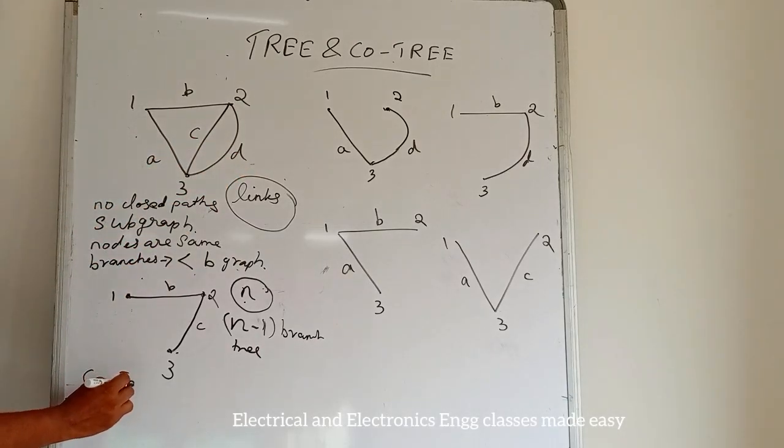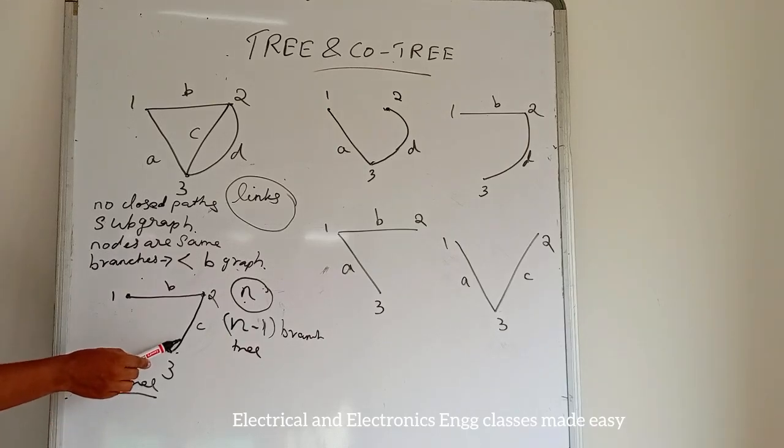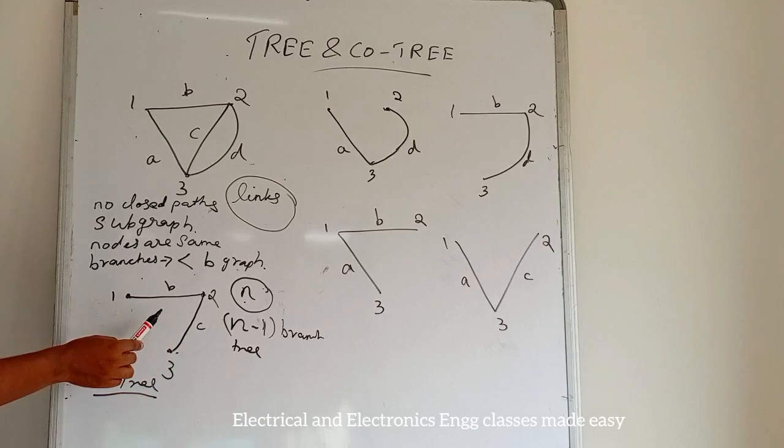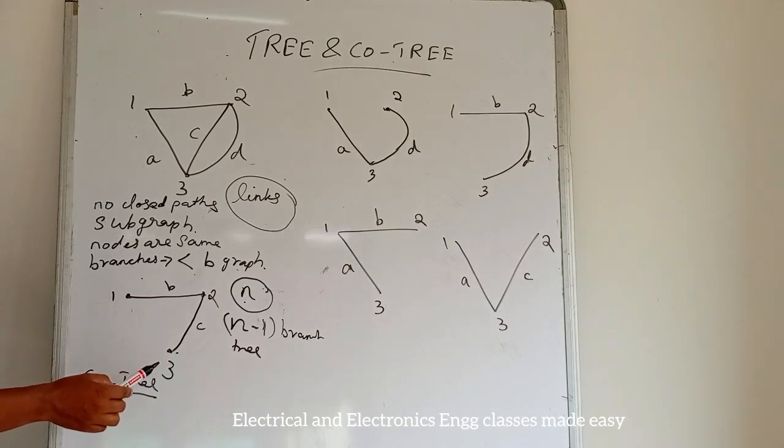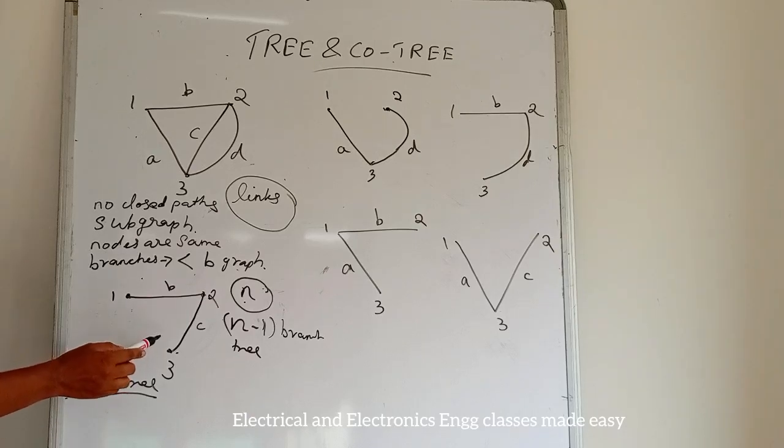Then, what is core tree? Core tree of a graph means the set of all links of a given tree. The set of all links of a given tree is called the core tree of the graph.